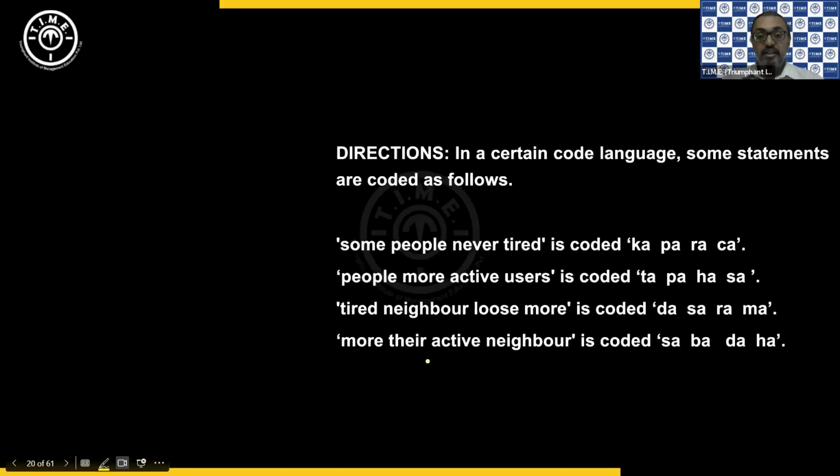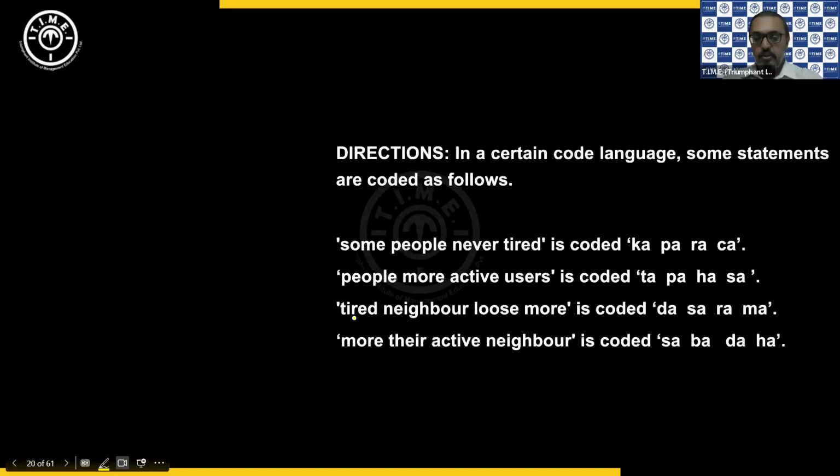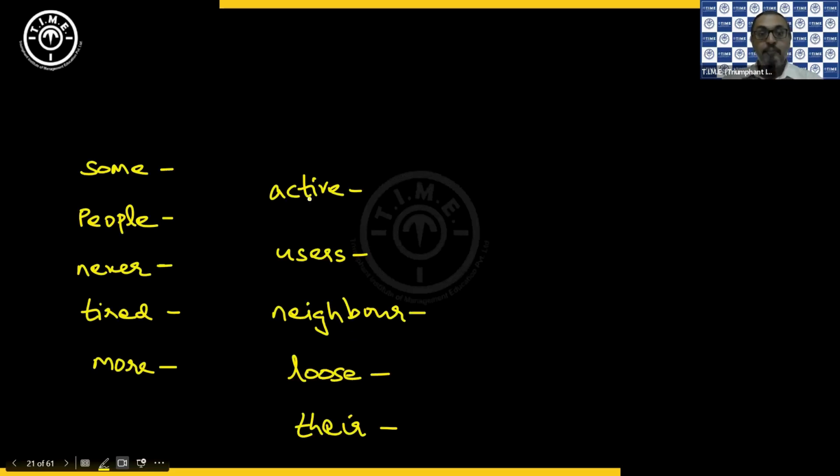And finally, more, their, active, neighbor. So more is there. There I will write THEIR. Active is there, neighbor is there. So more their active neighbor. Okay. So these are all the different words we have.